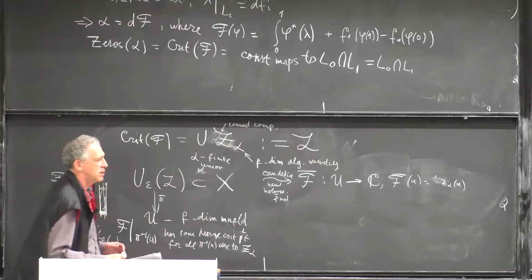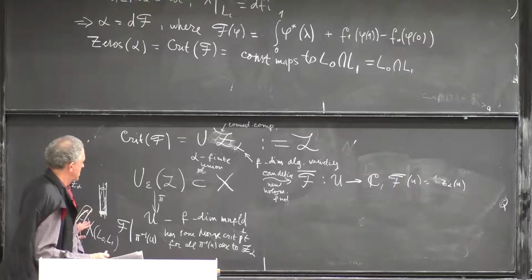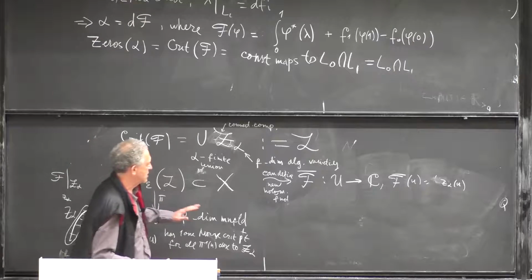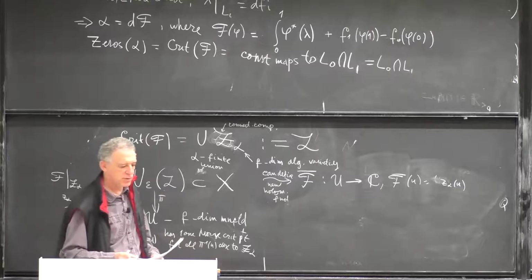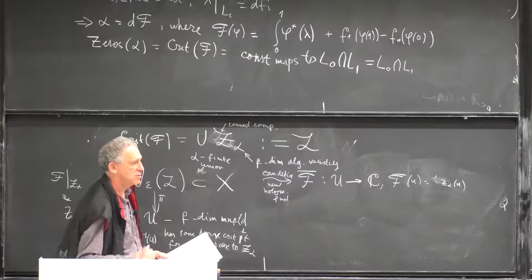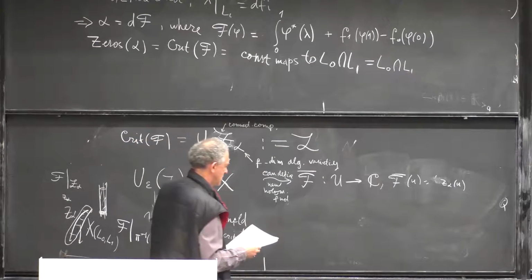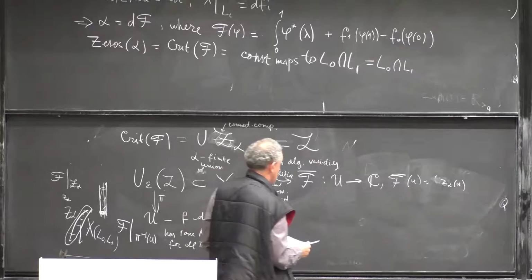So morally you can think of it as some function plus a quadratic form in infinitely many variables in a transversal direction.